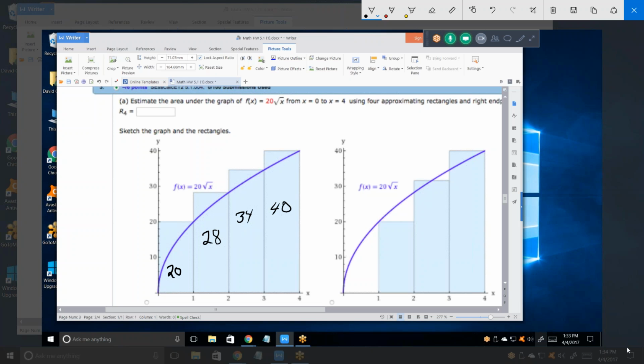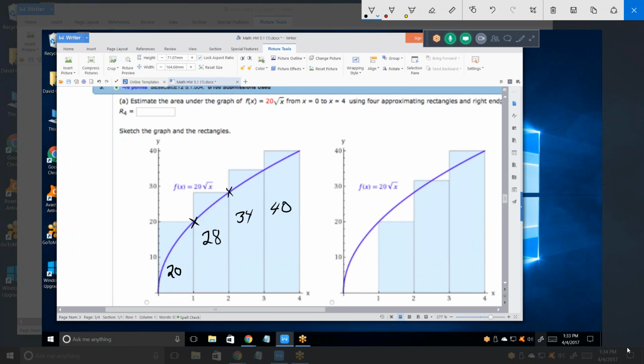Well, let's go back and figure out what that value is, so I don't have to guess. When x is 1, what is f of x? 20. So we were perfect there. But here in the second one, instead of guessing, let's plug in x of 2.